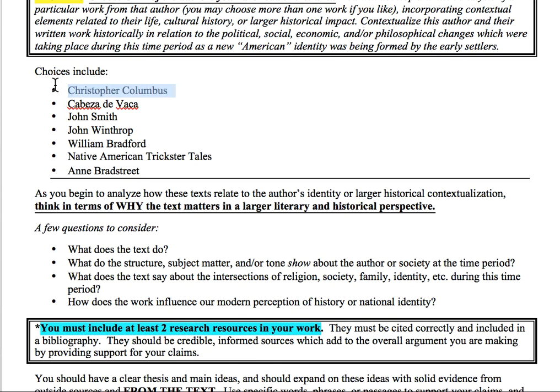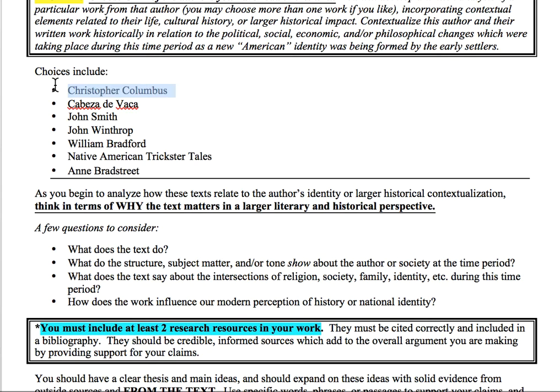He used the word I a lot. He also talked about them as if they were less than people. De Vaca, on the other hand, humanizes them in the text, and that's purposeful. He makes them sympathetic. He makes them into real people that the people back home can read about and understand that they are not less than the white people.